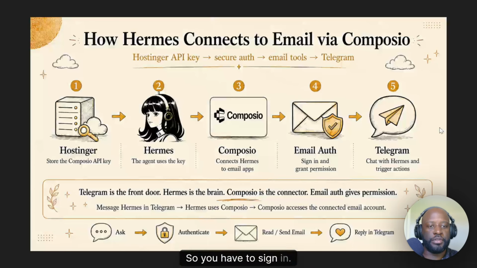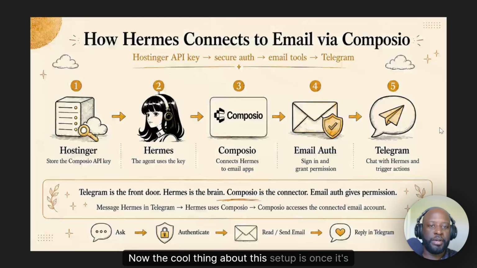So you have to sign in, you'd have to have an account with that email vendor. And then once that is set up, then ultimately you can now chat with your Hermes agent via Telegram or via different chat methods and be able to ask it to review your email.